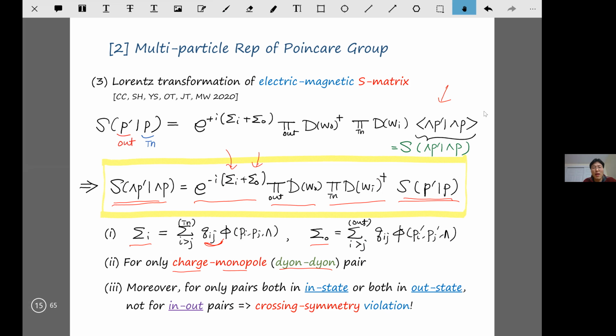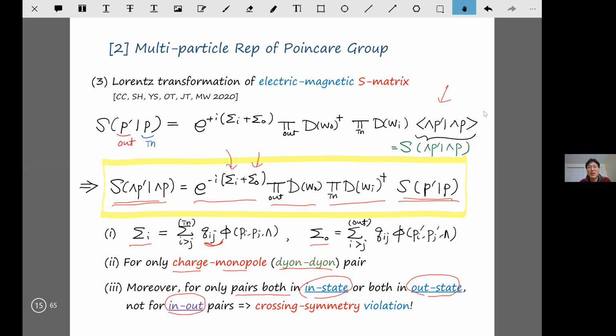However, I should mention that you have to include these phases for pairs that are either both in the in state or both in the out state, but you never include this phase for an in and out pair, meaning, for example, a fermion in the initial state but a monopole in the final state. There is no pairwise helicity phase for that configuration.